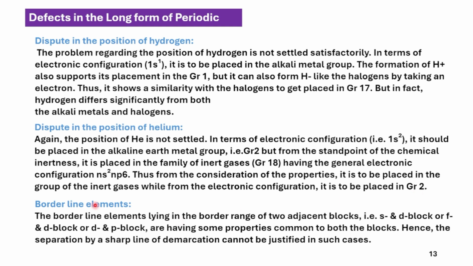The next one is the borderline elements. The borderline elements lying in the border range of two adjacent blocks, that is S block and D block, or F block and D block, or D block and P block, have some properties common to both the blocks. Hence, the separation by a sharp line of demarcation cannot be justified in such cases.